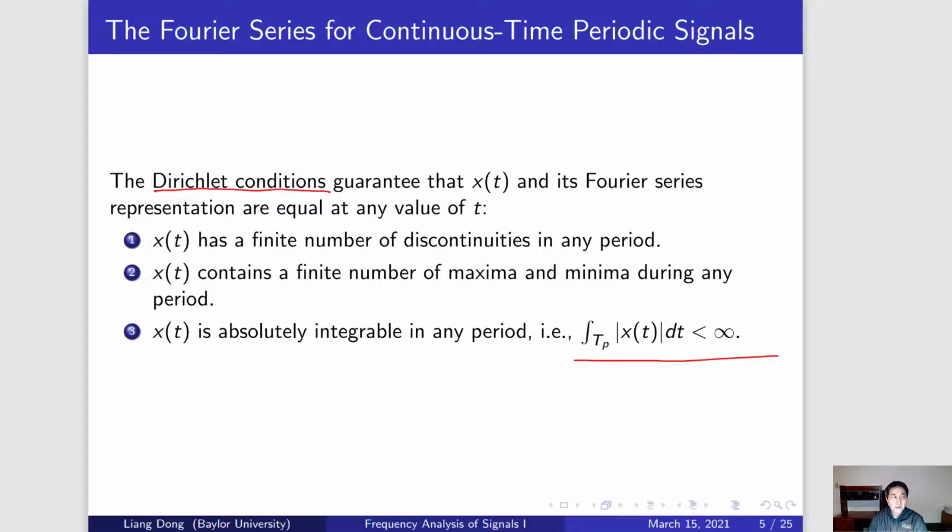Again, that is satisfied by any practical system. Signals that do not satisfy these Dirichlet conditions are some theoretical signals. So we need to be careful, before we do any Fourier series expansion or Fourier transform, to check this condition.